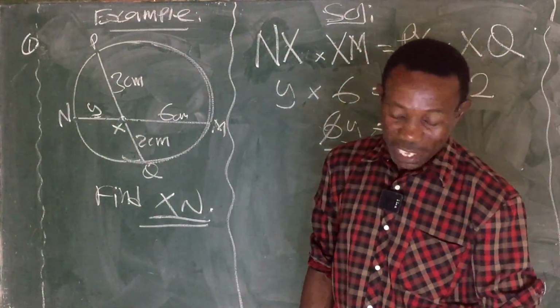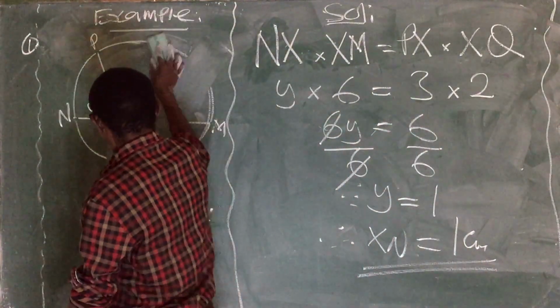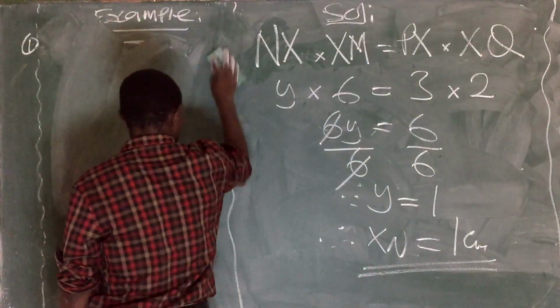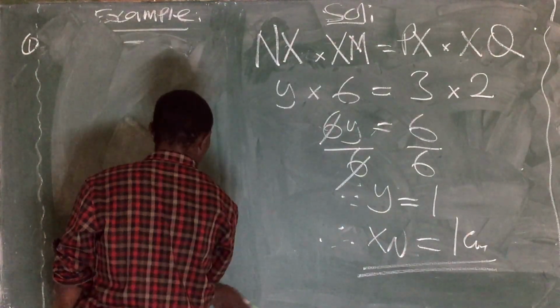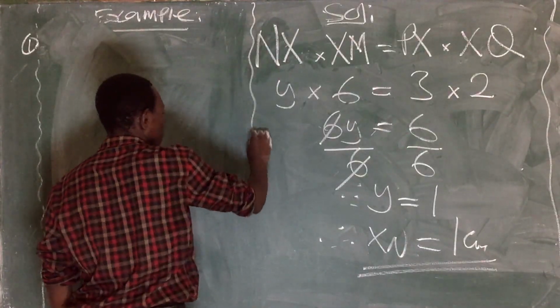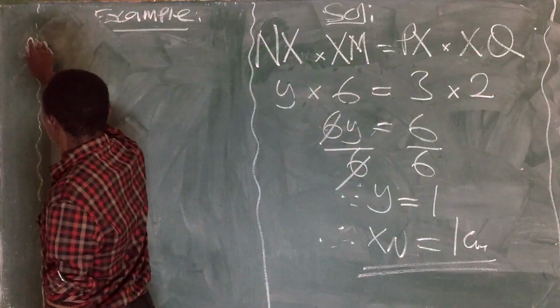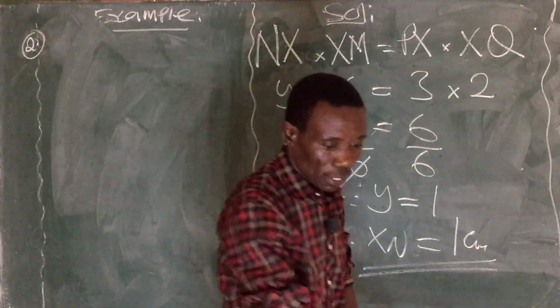Let's go now to example 2. For example 2, it's about the external intersection of the chords. So let's start like this.